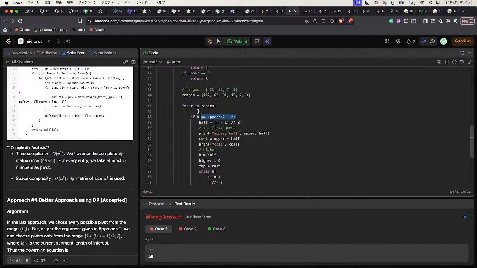The problem is how to find the first guess.